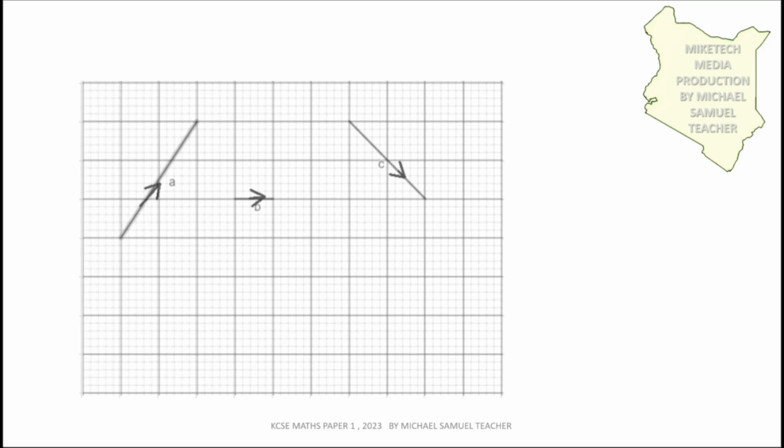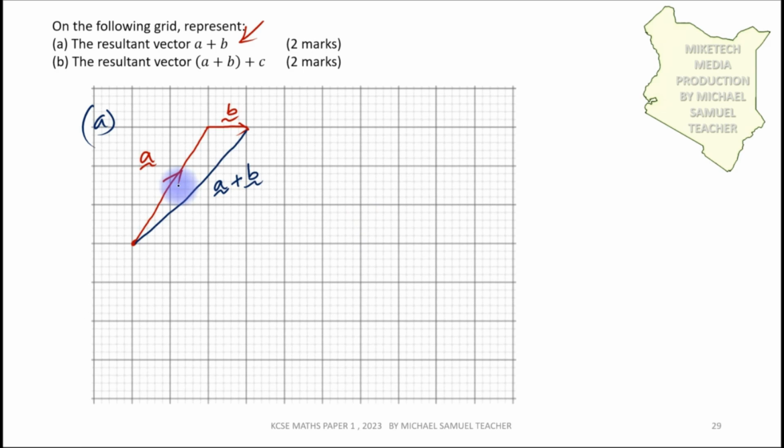Therefore, from what we have here, we shall have the combined, so part B, A plus B, from this point it has moved 3 steps in the x direction and 3 steps upward in the y. So from this point to this point, that is the A plus B.